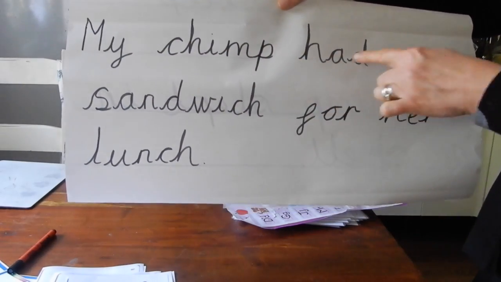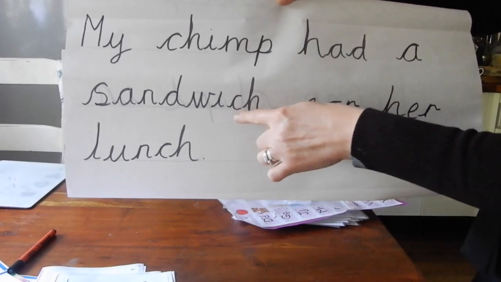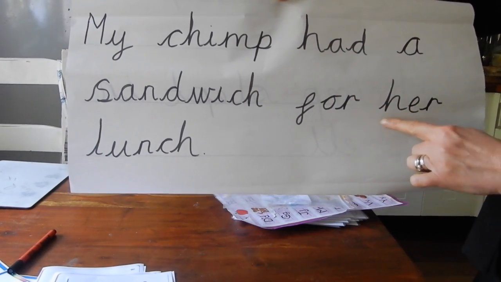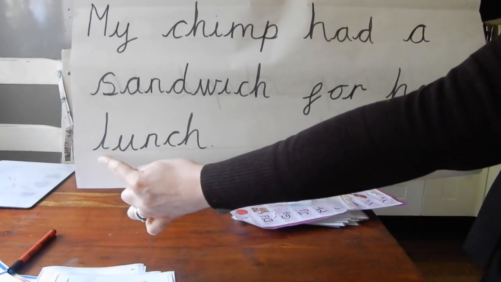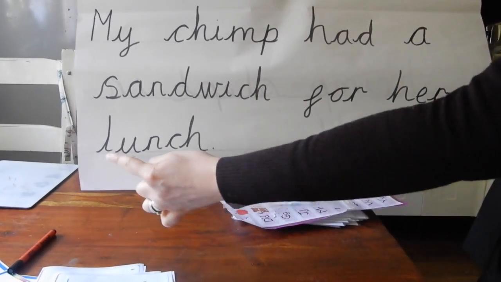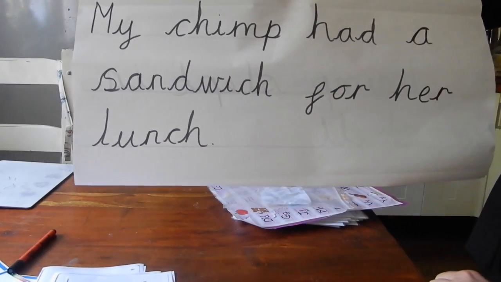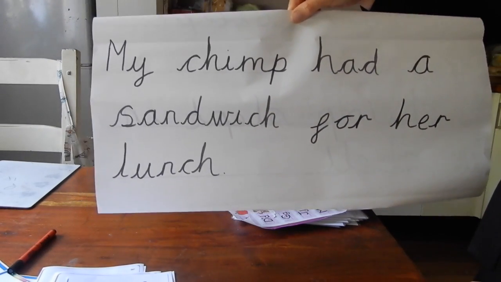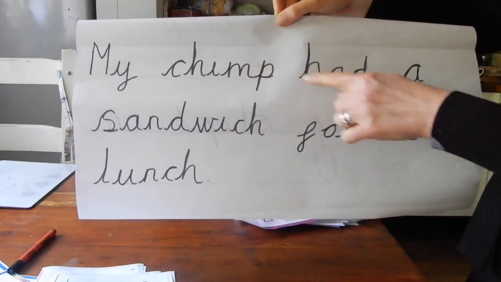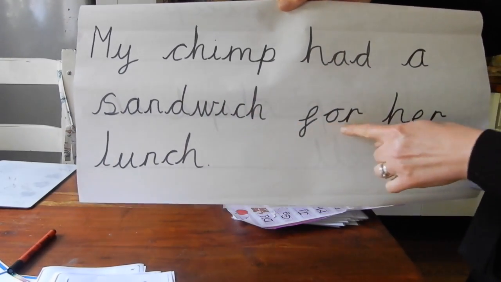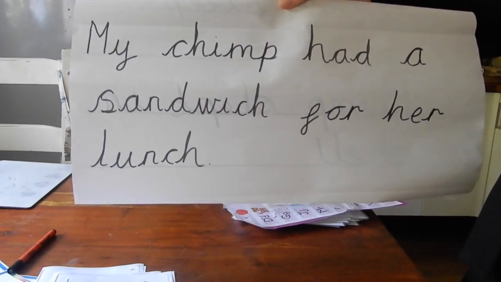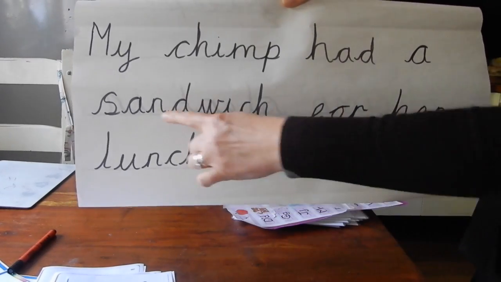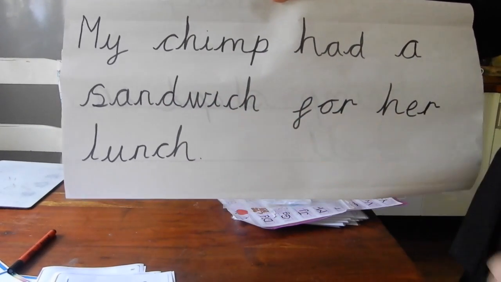My chimp had a sandwich for her lunch. Full stop here. So is it a question? No, it's just a statement, this sentence. My chimp had a sandwich for her lunch. Do excuse me saying sandwich. Plus Mrs Patnell was from Essex, so sandwich for her lunch.